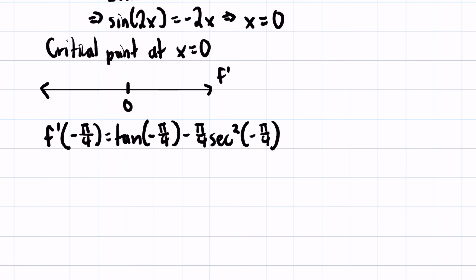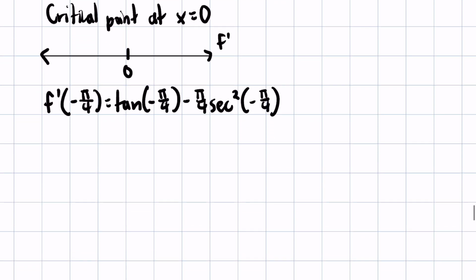Now, negative pi over 4 is in the 4th quadrant. All students take calculus, only cosine is positive there. And so what we're going to get here is negative 1 minus pi over 4 times 2 over root 2 squared. Now, regardless of working all this out, what we're clearly going to get is that both the terms in here are negative, and so this is going to be negative.